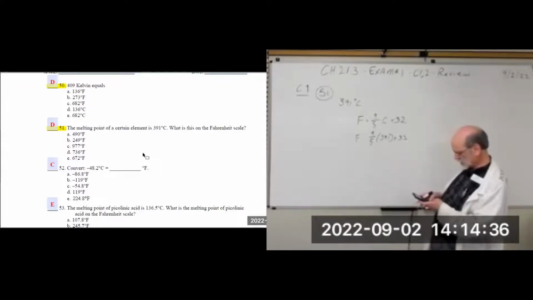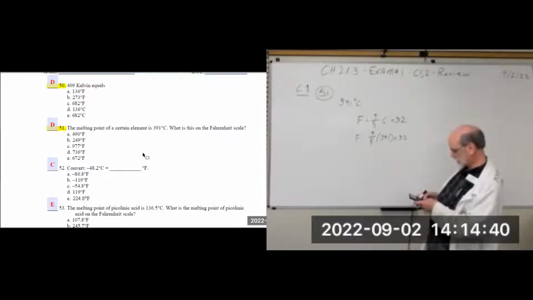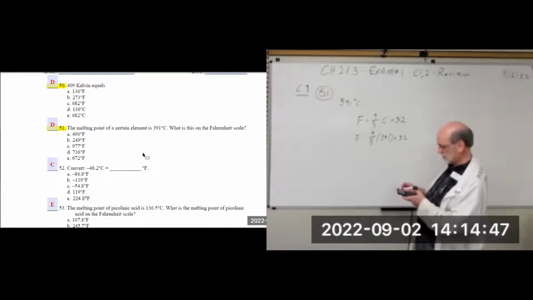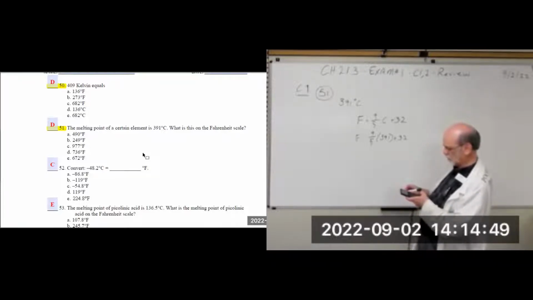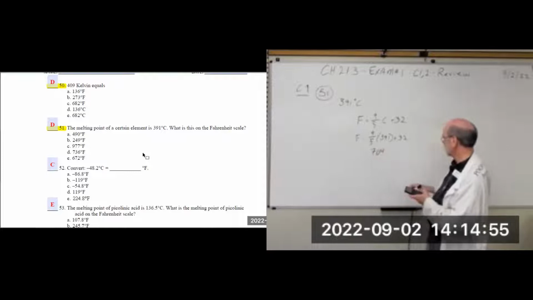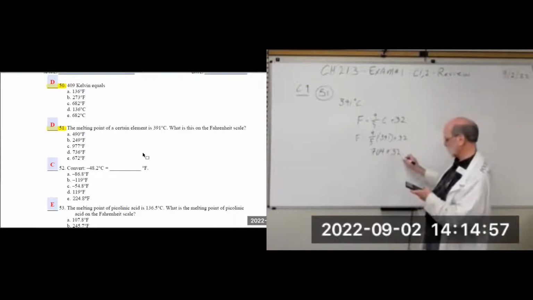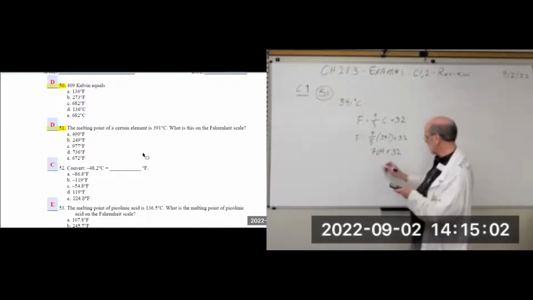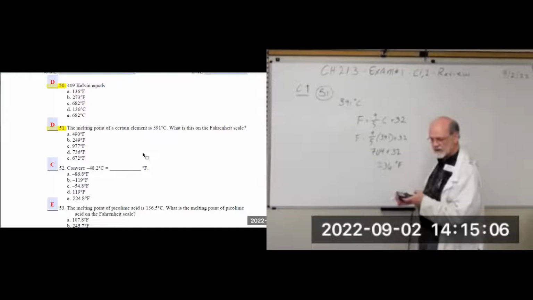Let's see, 391, enter, 9 times 5 by, which is 704. 704 plus 32, which is 736 degrees Fahrenheit.